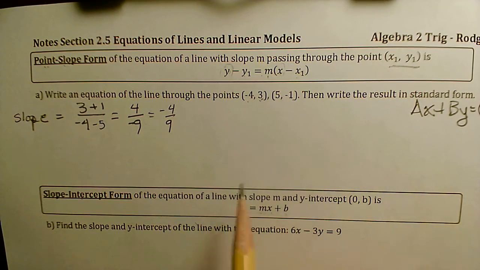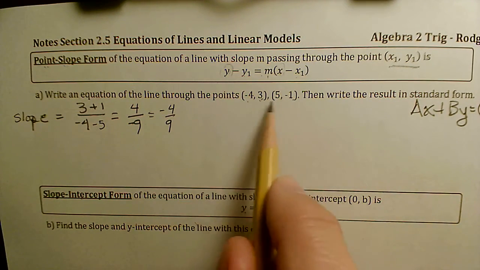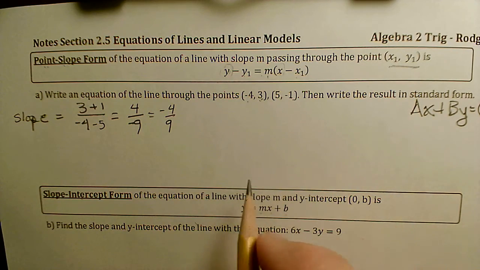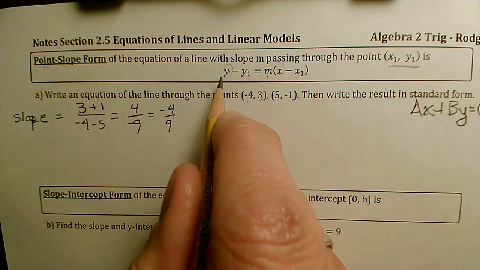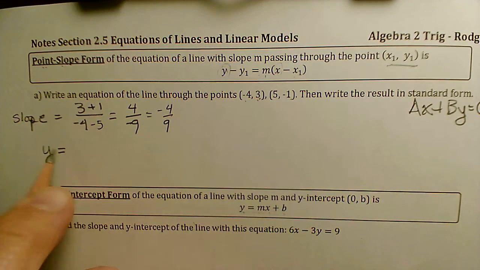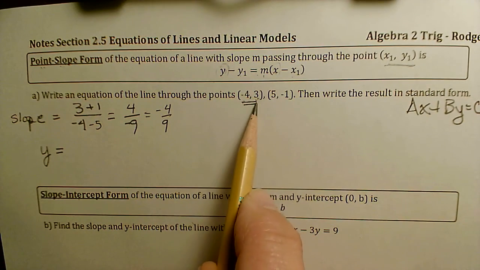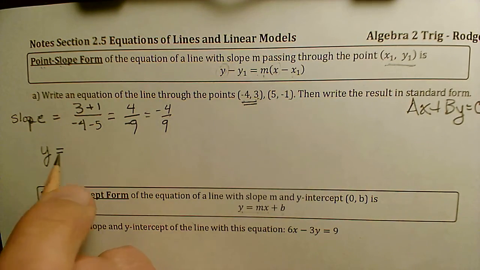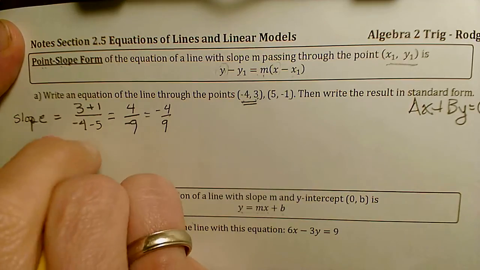All right. So now I have the slope and I have an abundance of points. I mean, I have 2. I only really need 1. So I'm going to put it into this form. I'm just going to go ahead and pick this first point. Doesn't matter.